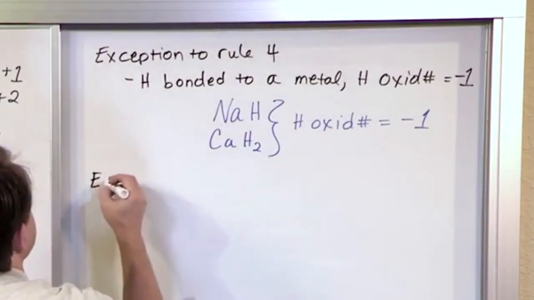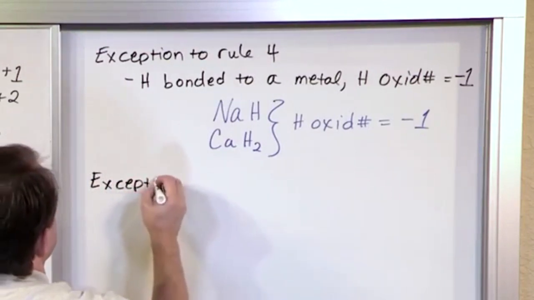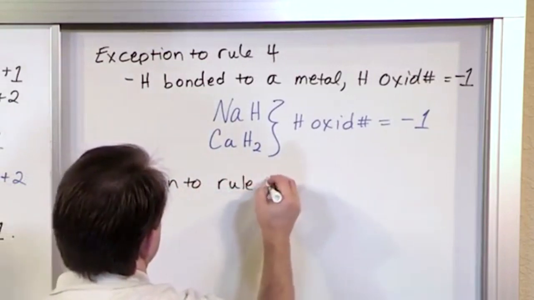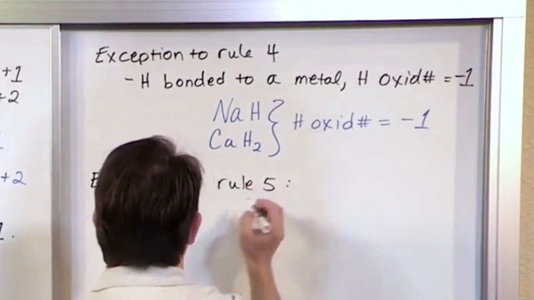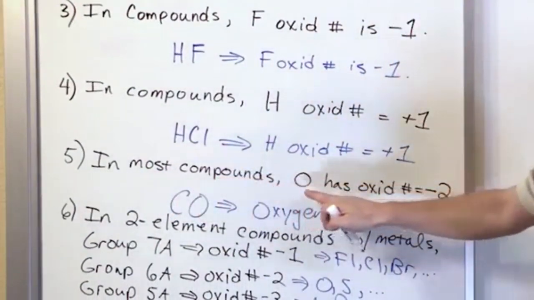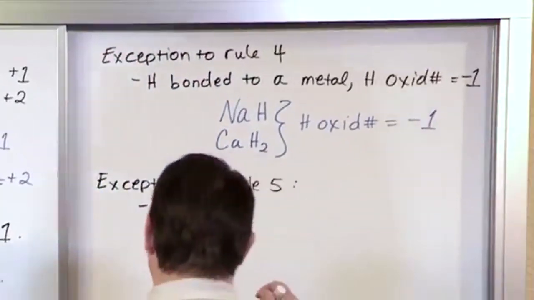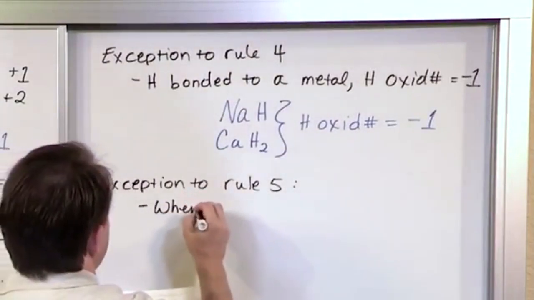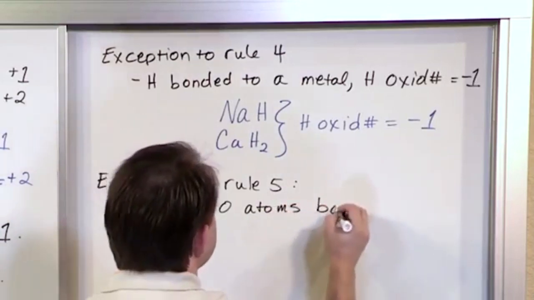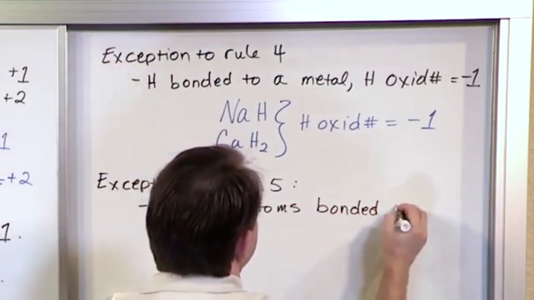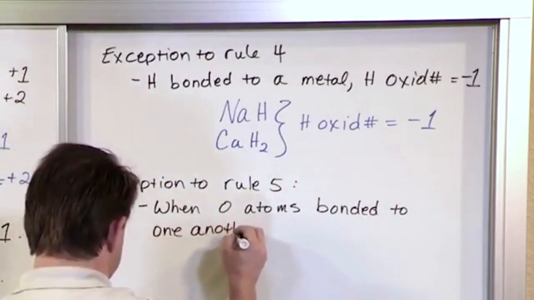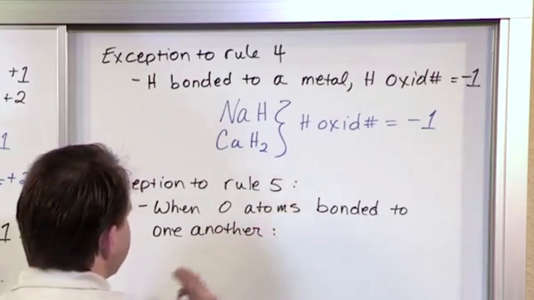Exception to rule number 5. Rule number 5 is dealing with most compounds, oxygen has oxidation number -2. When oxygen atoms are bonded to one another, then things are a little bit different.